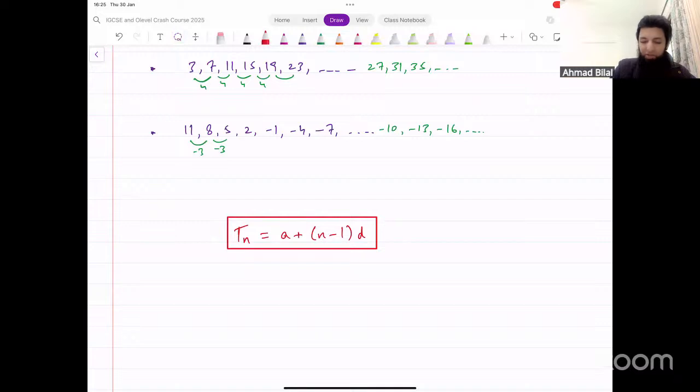You need to make sure that you remember this. Tn here stands for the nth term. It's the value of the nth term. N means the position of a particular value in the sequence.